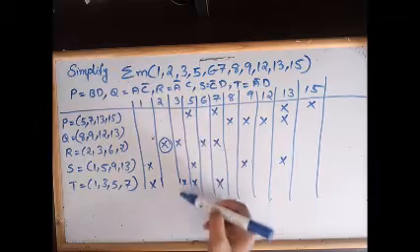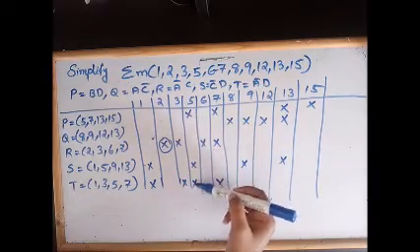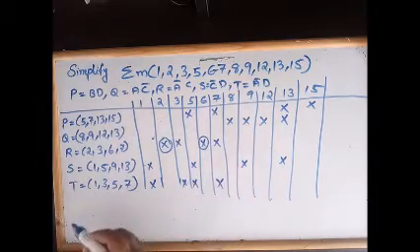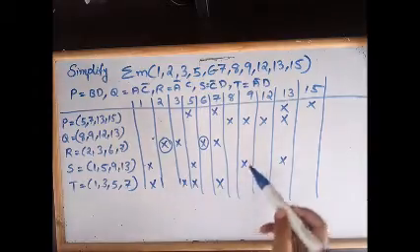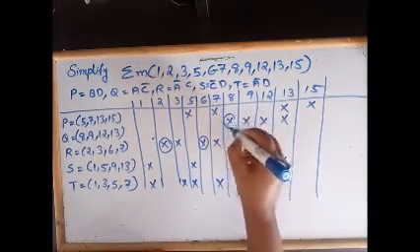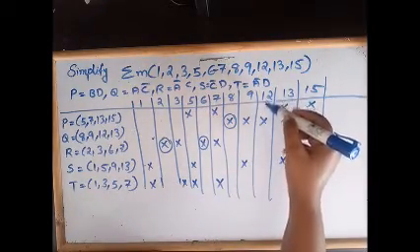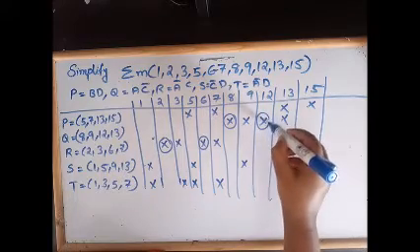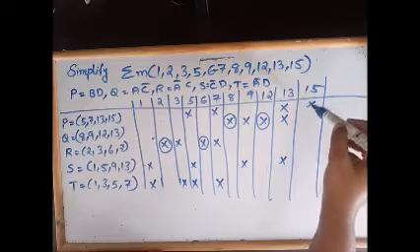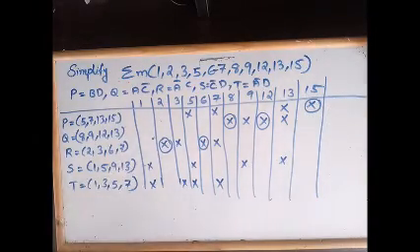The third has more than one cross. Then 6, only one, so we mark that. Then 7 has more than one. 8, only a single one, so we consider it. Then 9 has more than one, and 12 has only a single one, so mark it. Then 13 has more than one, and 15 has only a single one, so you mark it.